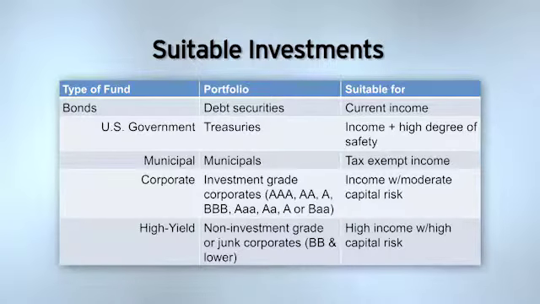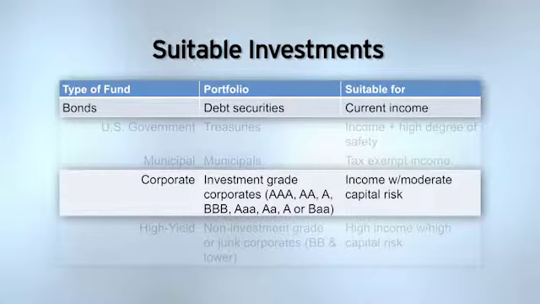There is something I want to point out here on this table. I'm not going to read the whole thing, but I want to point out the third item down. Corporate bond funds, investment grade corporate bond funds. There are two bond rating companies, primarily two. There's three, but for our purposes, we're going to say there's two. There's Standard & Poor's and there's Moody's.